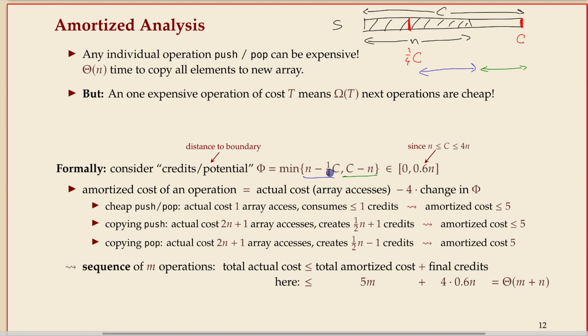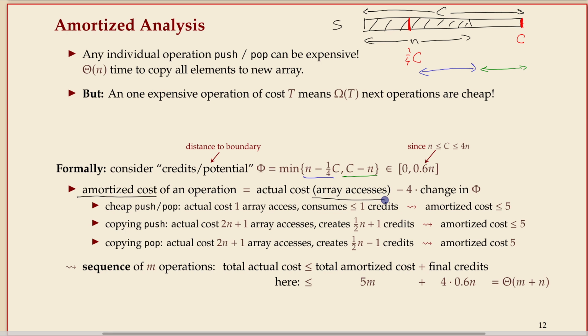Now, why does that potential help in any way? What we'll do is we'll analyze each operation in an amortized sense, where we take the amortized cost to be the actual cost, what it really costs us to do the operation, which in our case will be counting the number of array accesses, which is just one or so if we just do a push or a pop and don't have to copy.